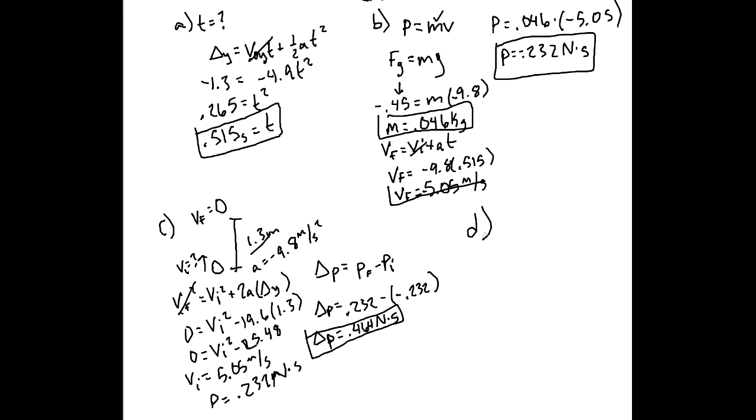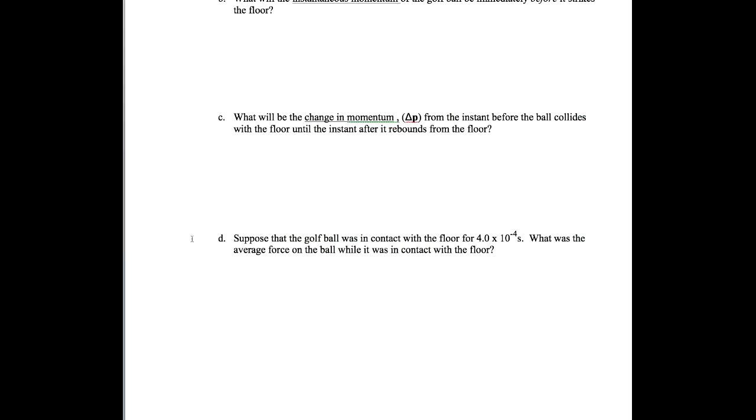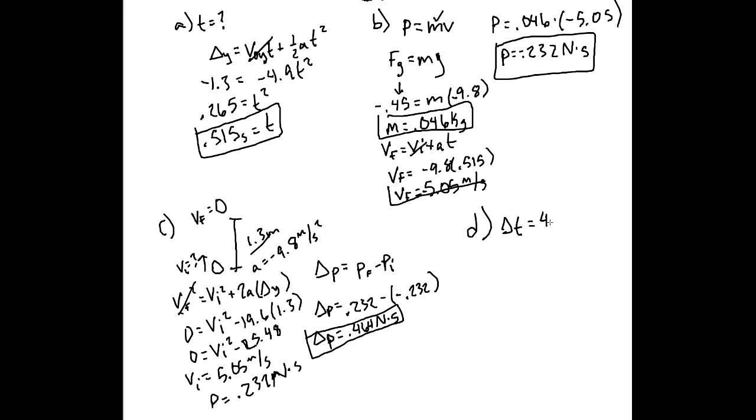So they tell us that the time is 4.0 times 10 to the minus 4th seconds. And they want to know the force. This is where you utilize the equation F delta t equals delta P. We calculated delta P, it was 0.464.